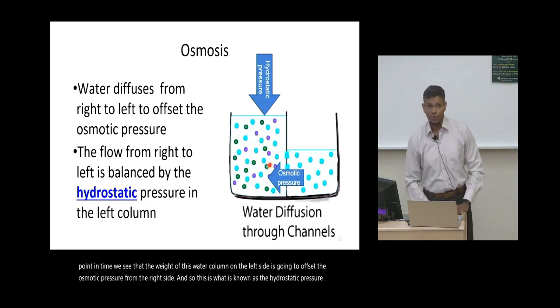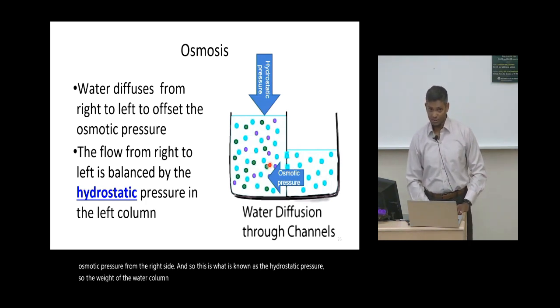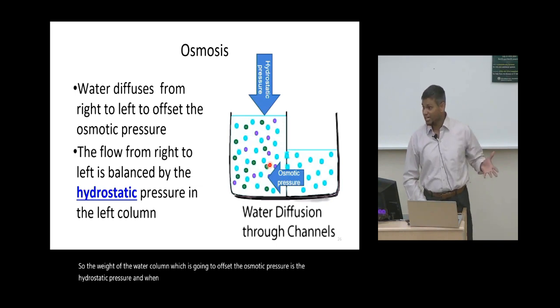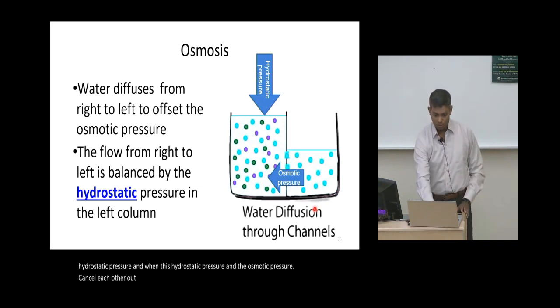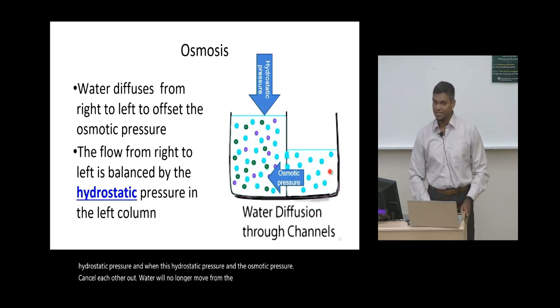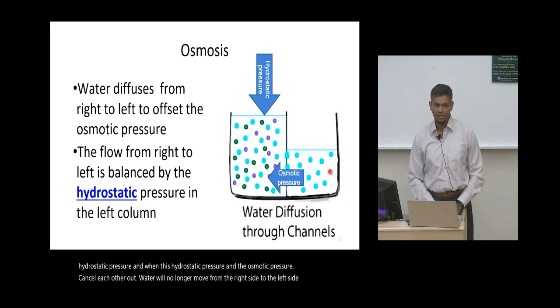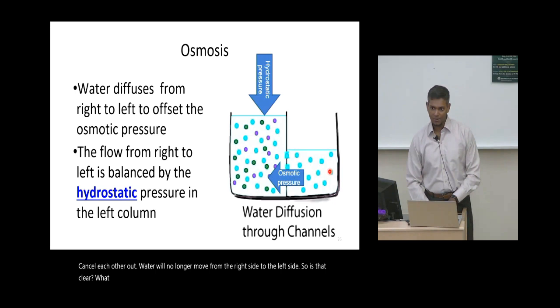So the weight of the water column, which is going to offset the osmotic pressure, is the hydrostatic pressure. And when this hydrostatic pressure and the osmotic pressure cancel each other out, water will no longer move from the right side to the left side. So is it clear what hydrostatic pressure is and also what osmosis is?